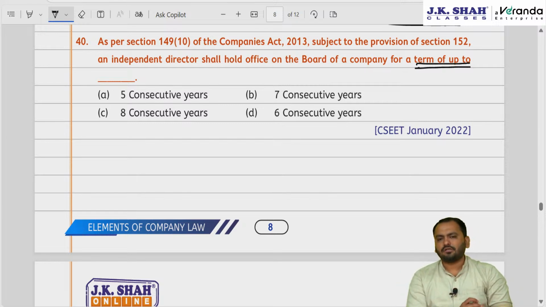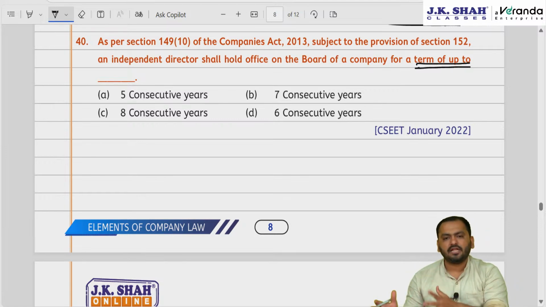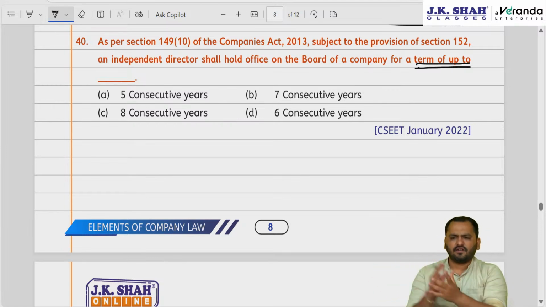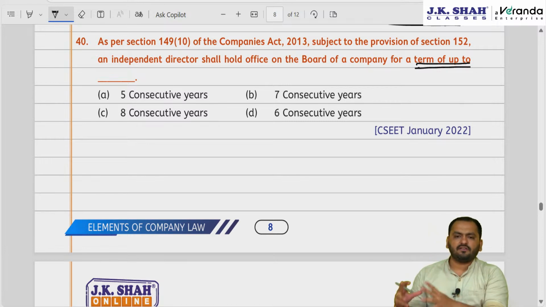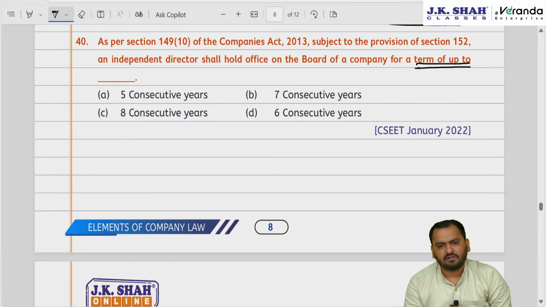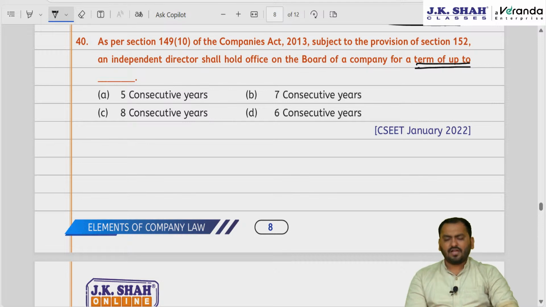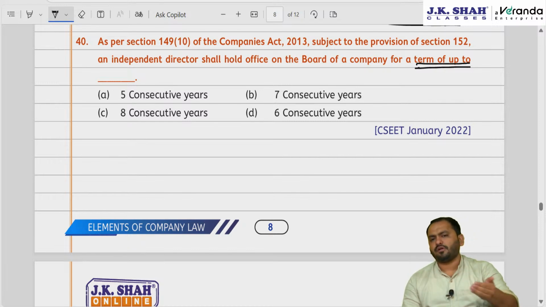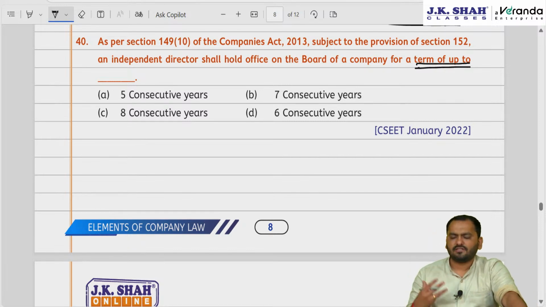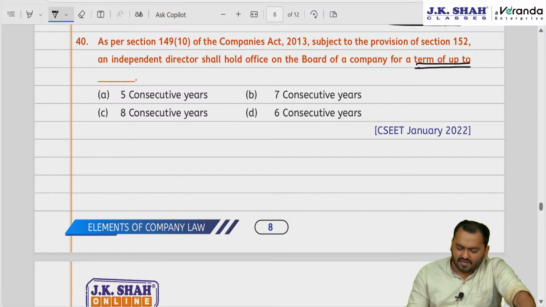It is other public companies, that is public unlisted companies. Even they have to appoint independent director, but only if they satisfy the required conditions, right? So for private companies there is no need to appoint independent director. So friends, these independent directors are appointed for how much tenure? So tenure is 5 years.